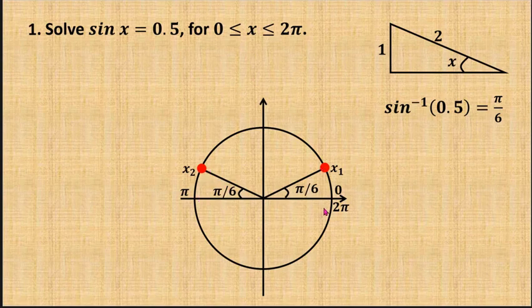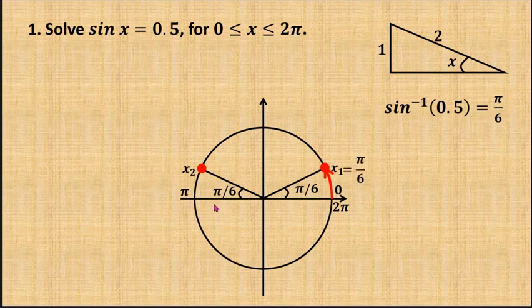Next, I'm going to find the values of angle x which satisfy the equation. The value of x1 starts from 0 to x1 in the direction of anti-clockwise. So, it is equal to pi over 6.